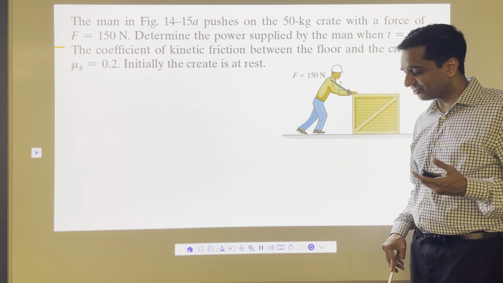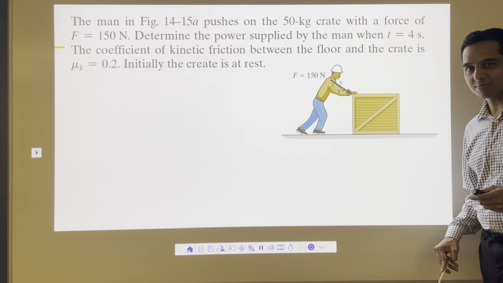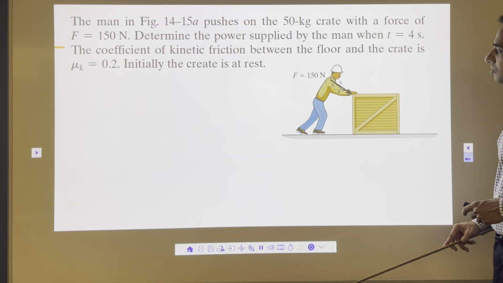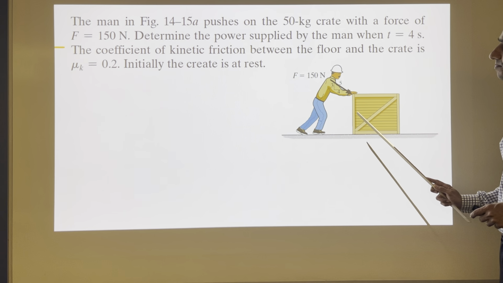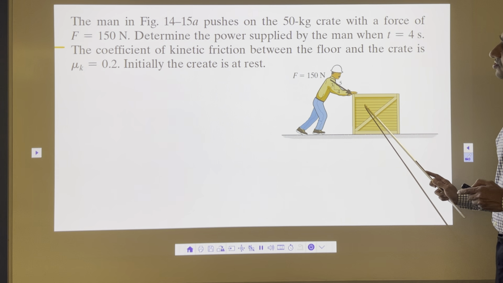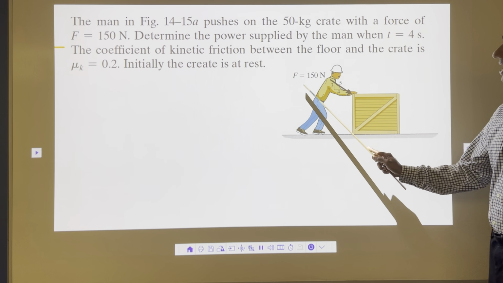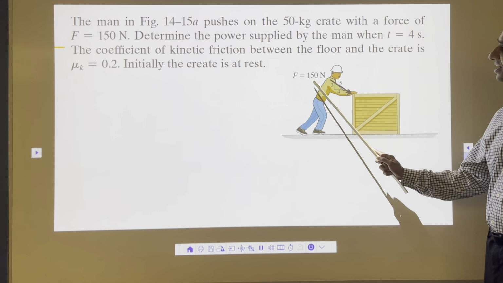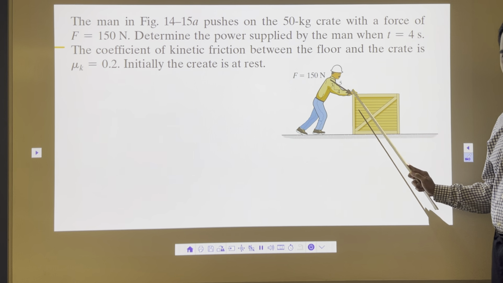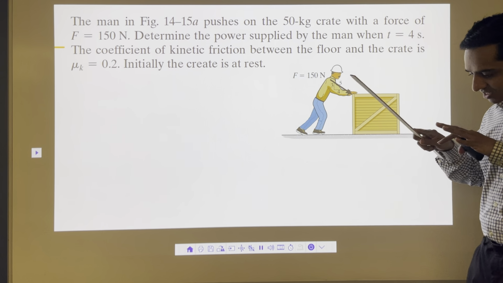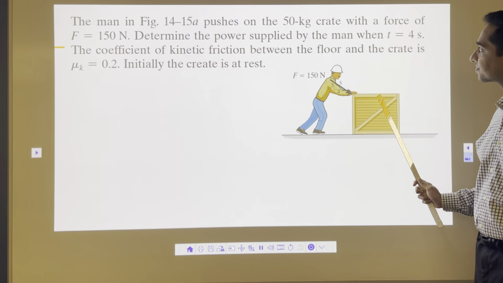Now for power, let's solve a problem. This problem is from the book, and it's a very simple problem. We have a man pushing a 50 kilogram crate, and the force he's applying is 150 Newton at an angle. He's pushing that box at that angle.